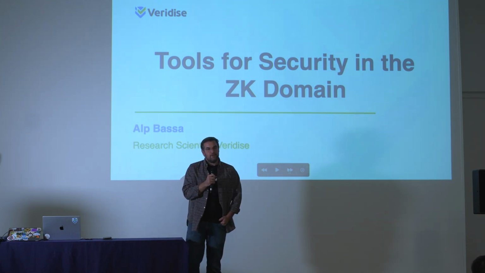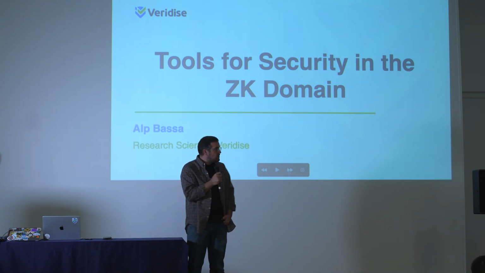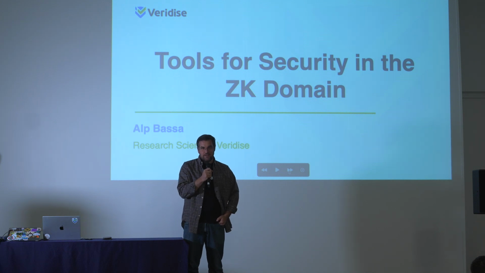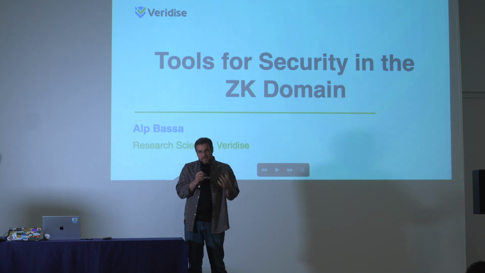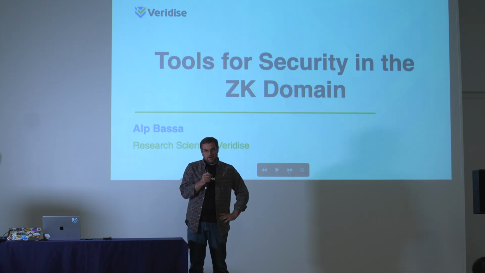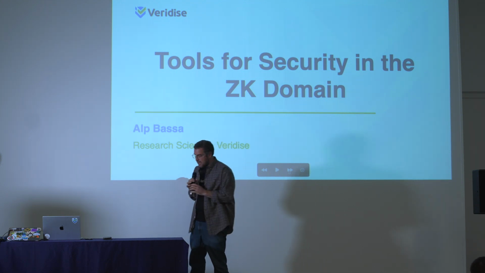So today I will talk particularly about tools for security in the ZK domain. As you all know, the ZK domain itself comes with new and different kinds of requirements. I'll try to explain what they are and what you need to look out for if you are concerned about security in ZK applications.